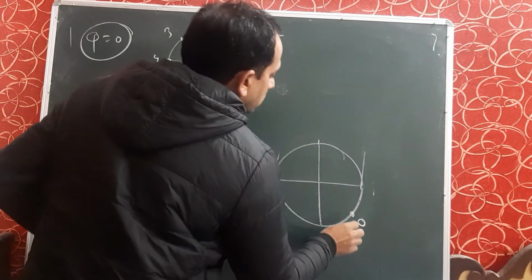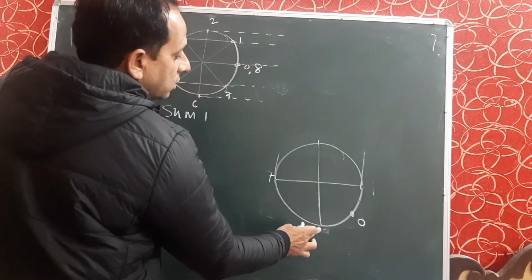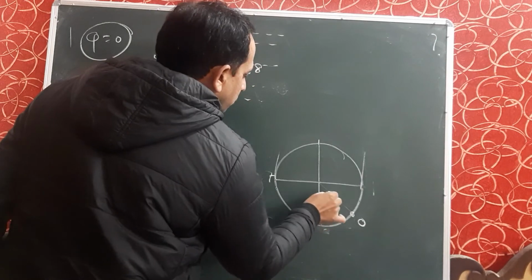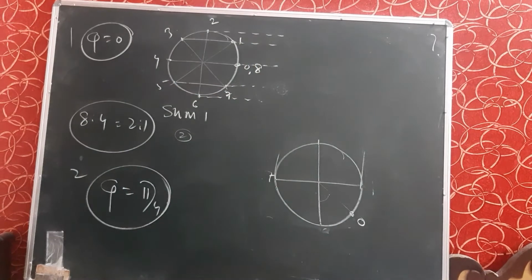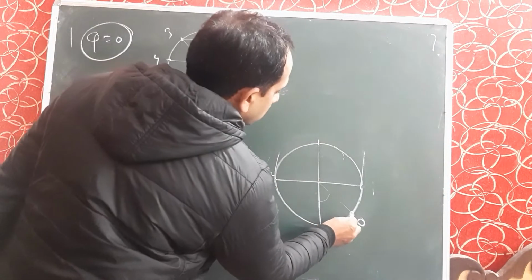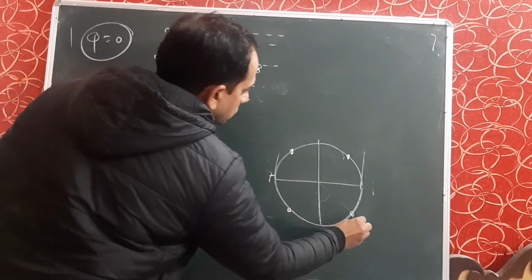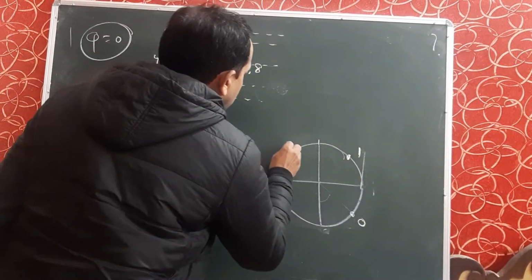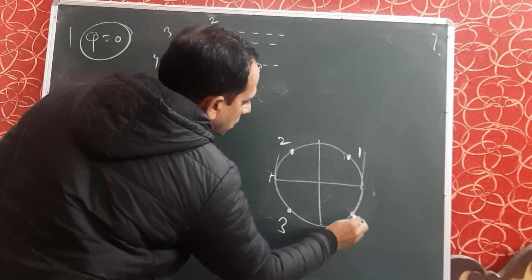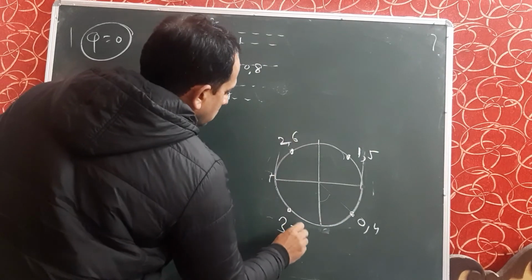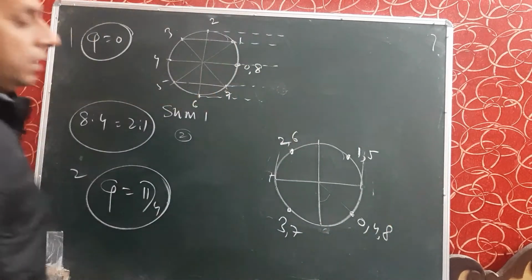So 0 is not lying here. 0 is lying at this point because at this position there is a difference of pi by 4, 45 degree angle. And this is 1, this one is 2, it is 3, again 4, 5, 6, 7 and again 8.